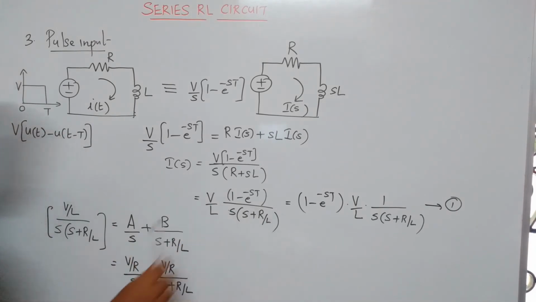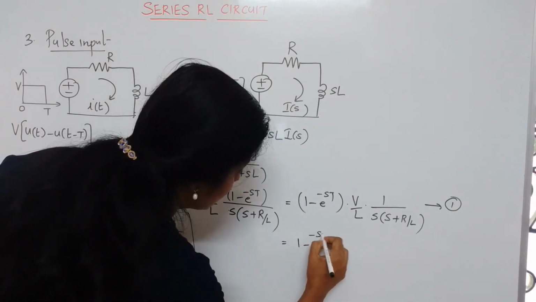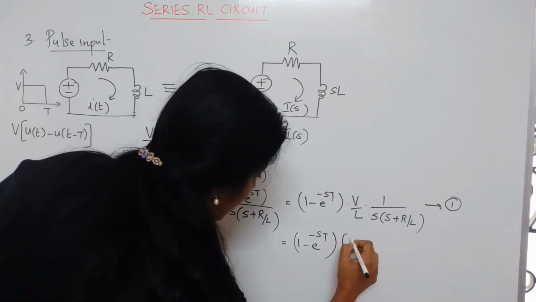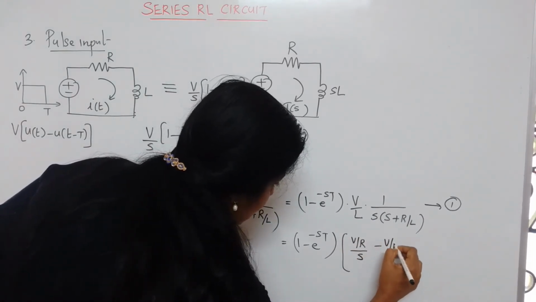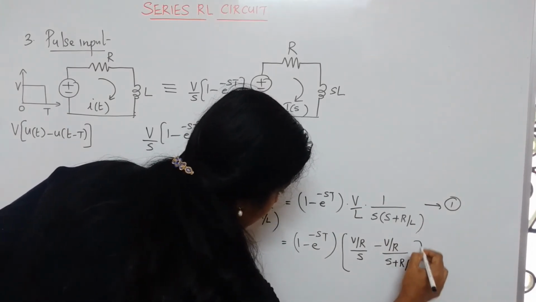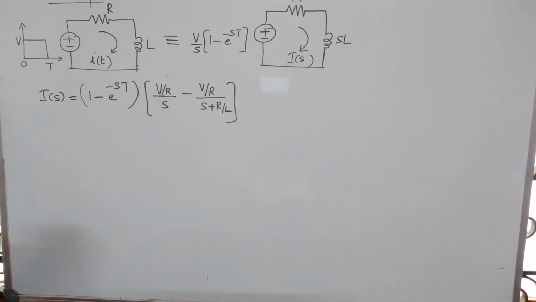Substituting this in 1, we will get this as 1 minus e raised to minus sT into V by R by S minus V by R by S plus R by L. Correct? So this is I of S.